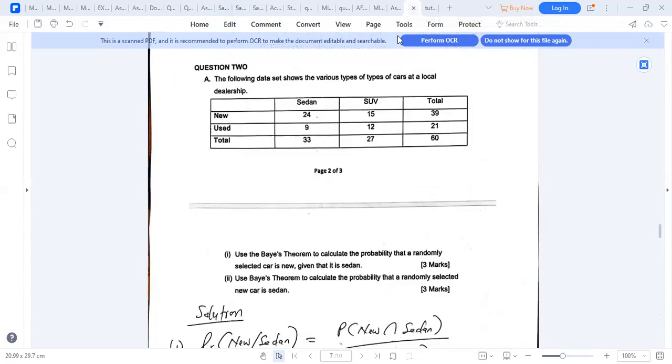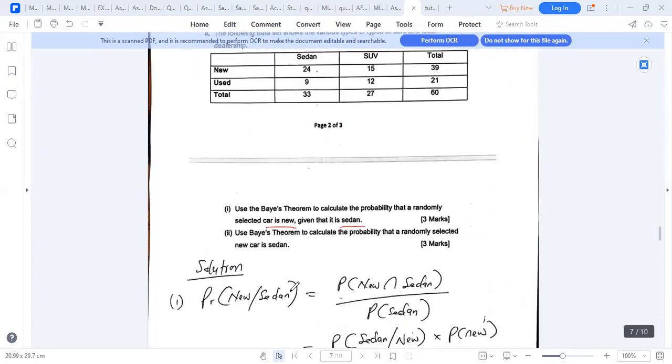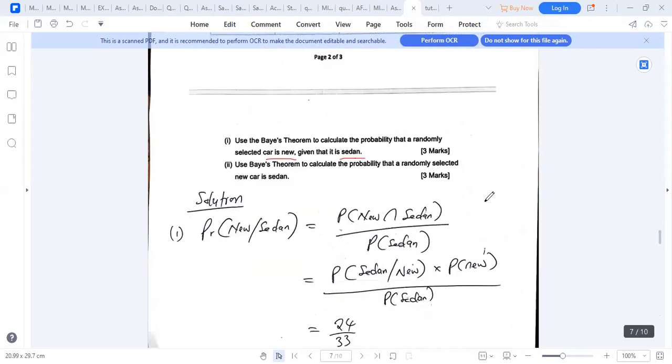So now this takes us to the test. Similarly, we're told that we need to calculate the probability that the car is new given it's a sedan. So probability new given sedan, you needed to show Bayes' theorem. So this has its own marks that you need to get.